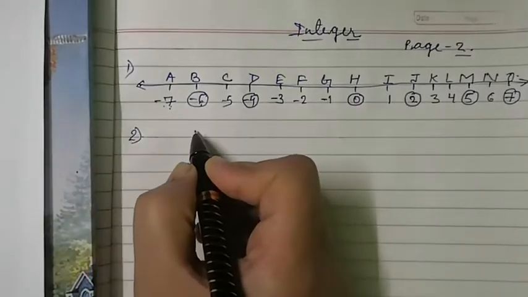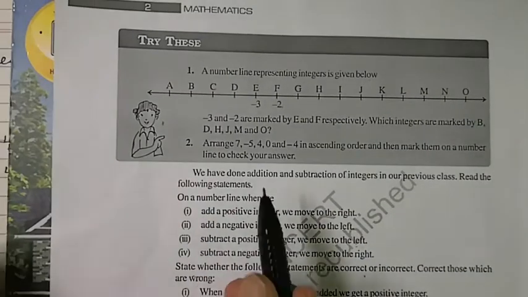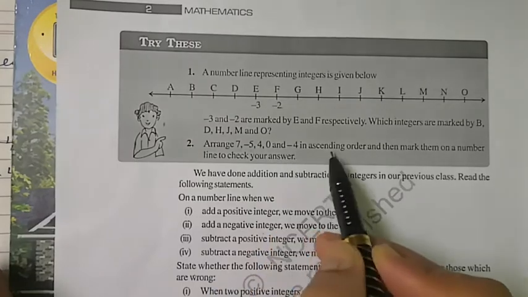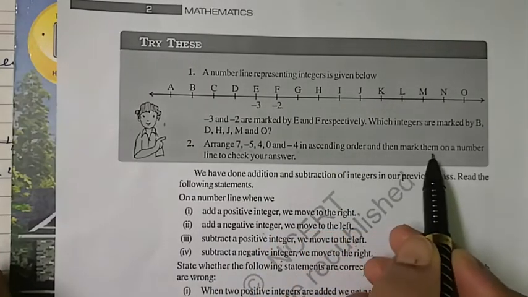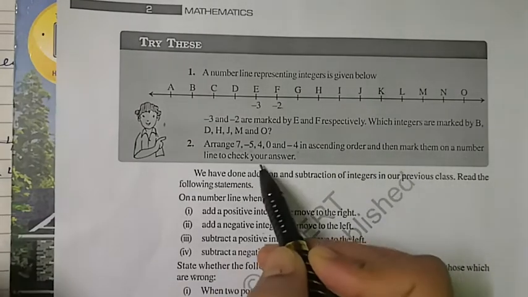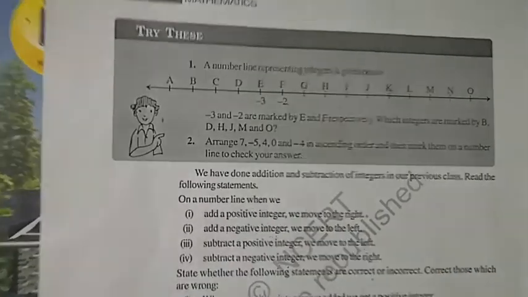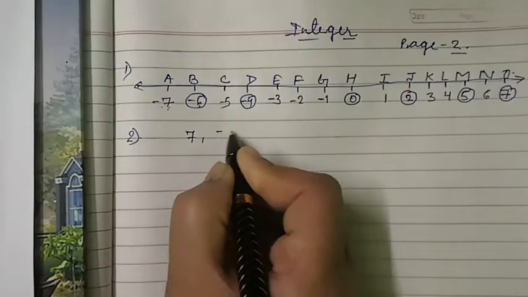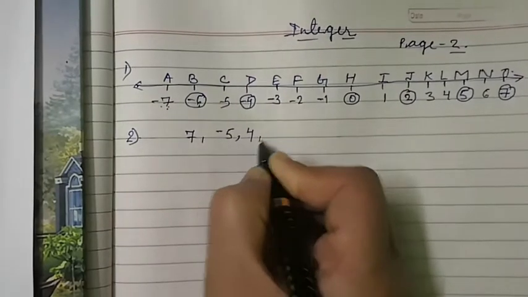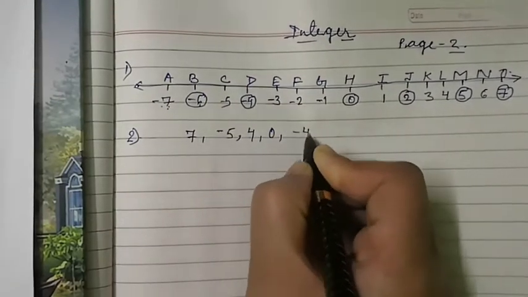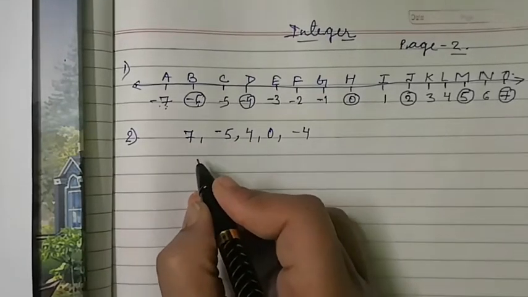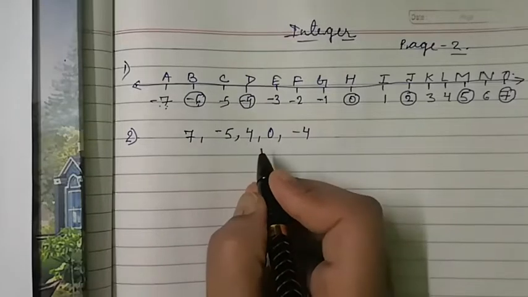Second question: arrange 7, -5, 4, 0 and -4 in ascending order and then mark them on a number line to check your answer. Ascending order we already know: we go from smaller to bigger.